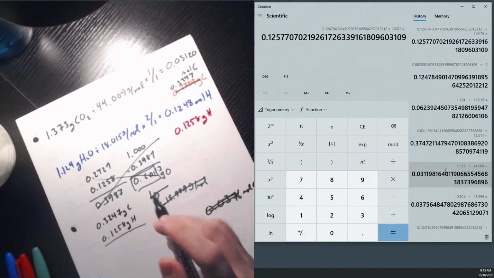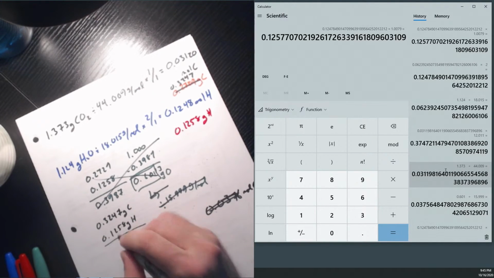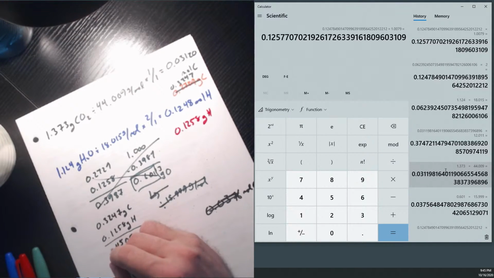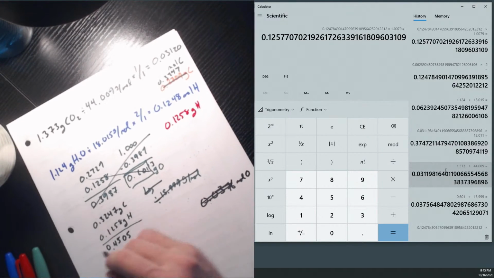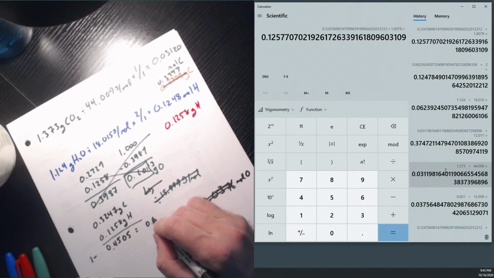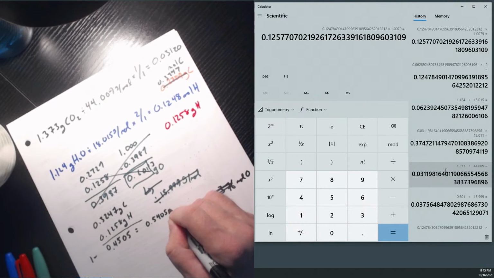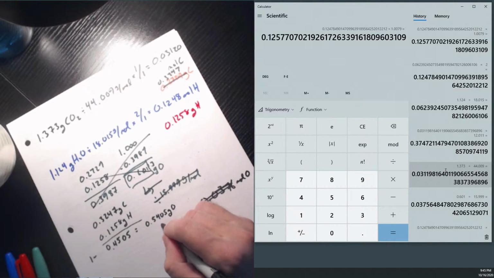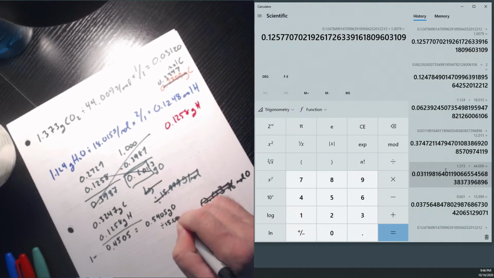Okay, we still got missing matter. 5054. Okay, so 1 gram minus that is 0.5405 grams of oxygen. We convert that back to moles.